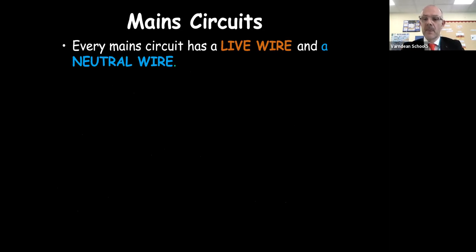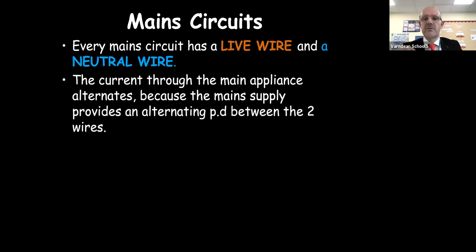Okay, but there's a few things that are a bit simpler than that. So the main thing is knowing about a plug. Now, certainly my experience of teaching students is they think, oh yeah, plugs, that's really easy. The thing is, you've got to actually understand a few things about plugs as well as just knowing it. So we've got a live wire and a neutral wire, and I've done the colors there. So brown, live wire, neutral wire is blue. Okay, the current through the appliance alternates because it provides an alternating PD between the two wires.